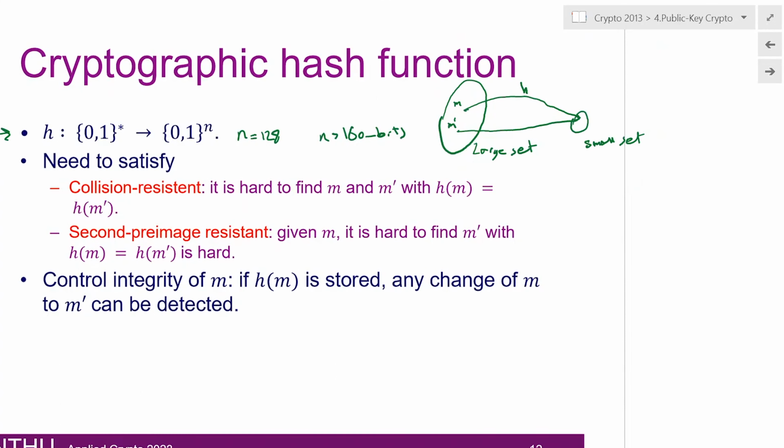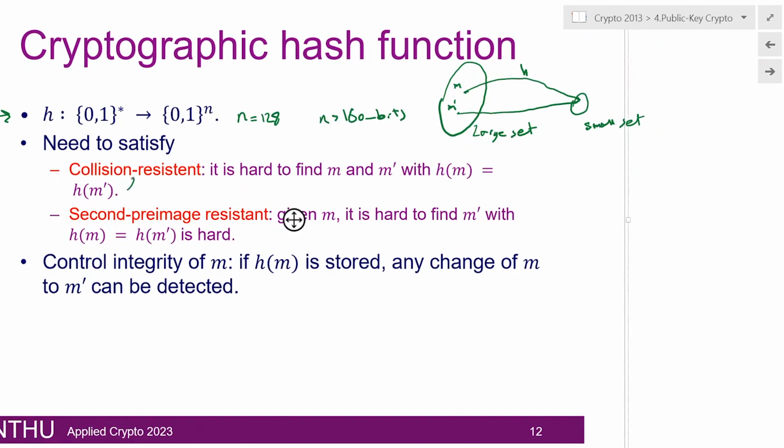Mathematically, we are asking to find M and some M prime such that M is not equal to M prime, and also hash of M equals hash of M prime.